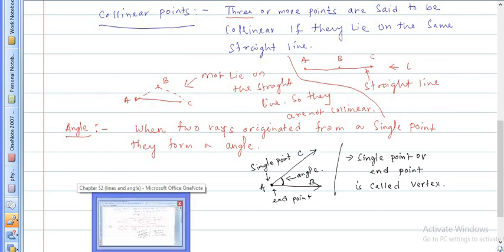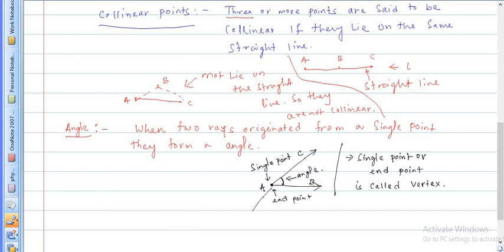Remember this. Whenever we study, if we discuss the vertex, you should know it is the endpoint of two rays. When two rays end at one point, then it is called the vertex. Now see, this point is known as the vertex.